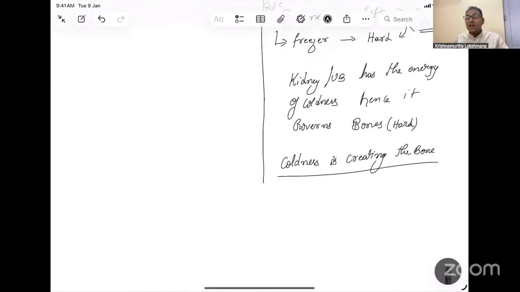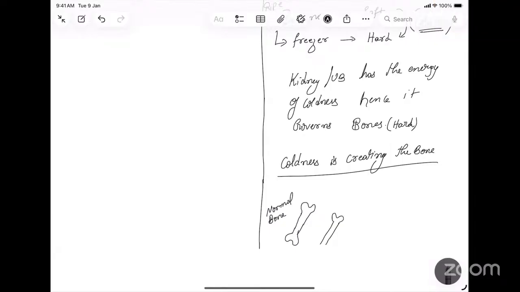Whenever there is, let's say, arthritis, say this is the normal bone. And in arthritis, what happens? The structure of the bone changes.